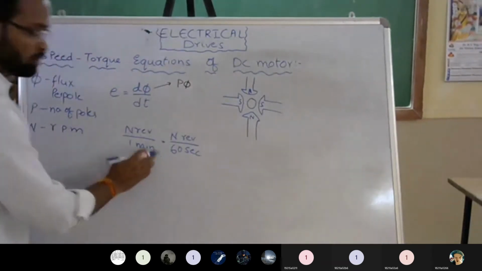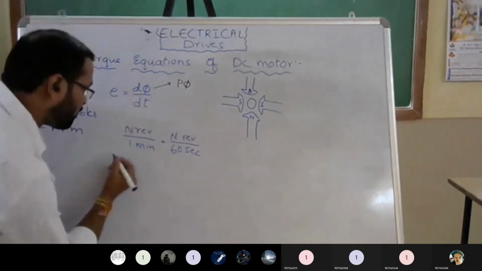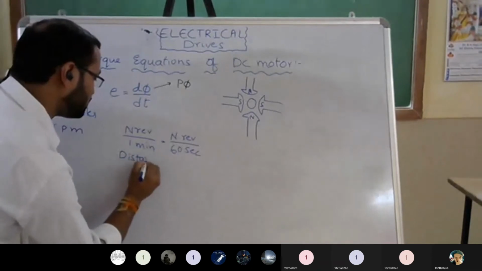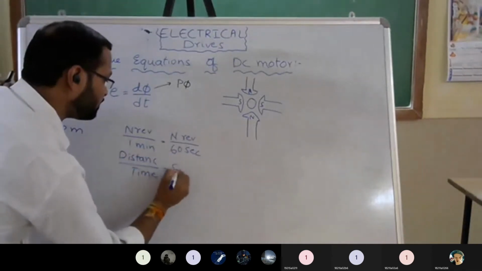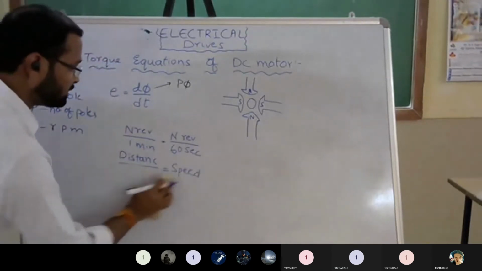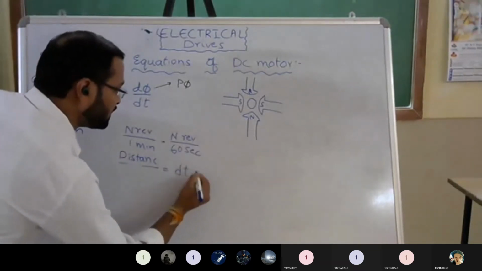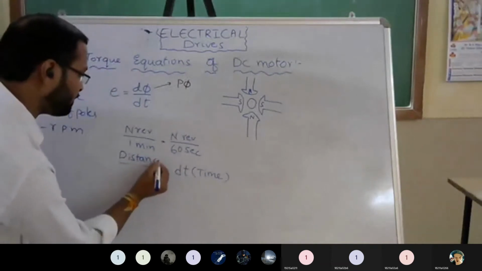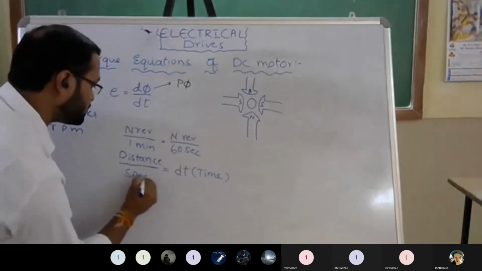Now we have to know dt, how much time it is taking. The formula is distance by speed is equal to time. Time means dt, which is distance by speed.